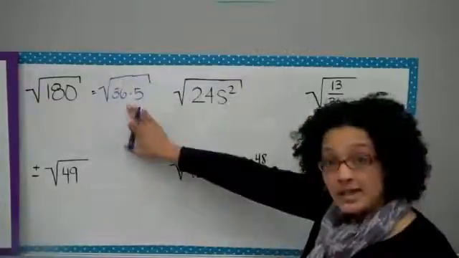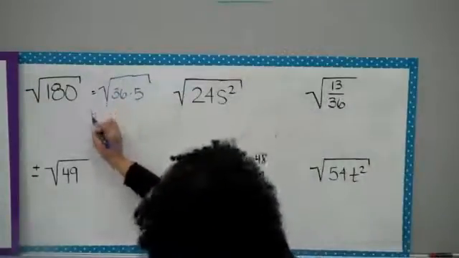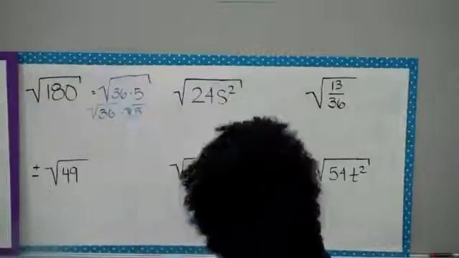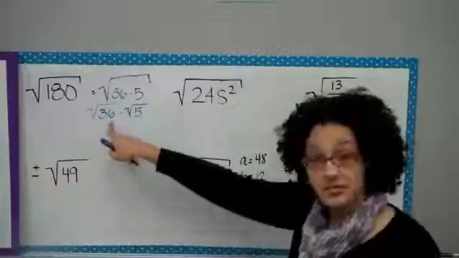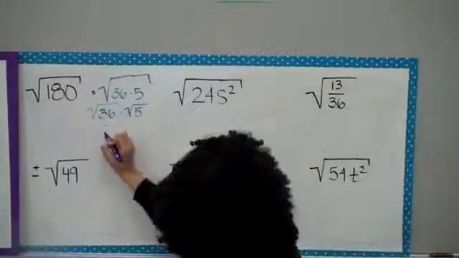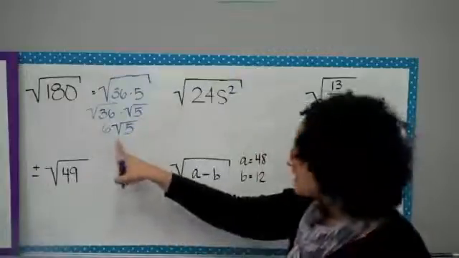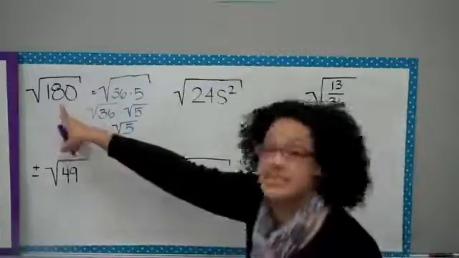I know from the product property that I could do this. And I know that this is a perfect square. Square root of 36 is 6. So my simplified answer is here. This is a lot easier to work with than this.